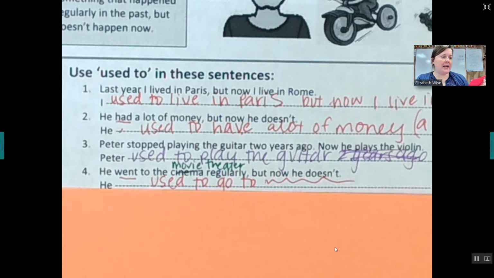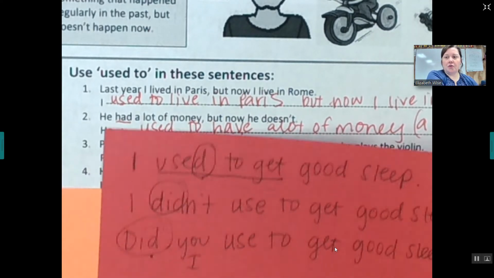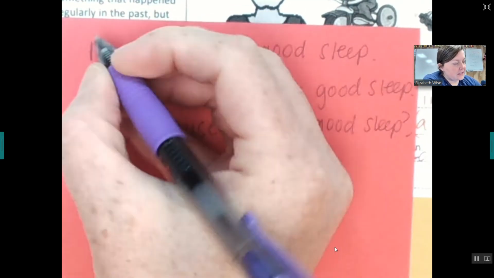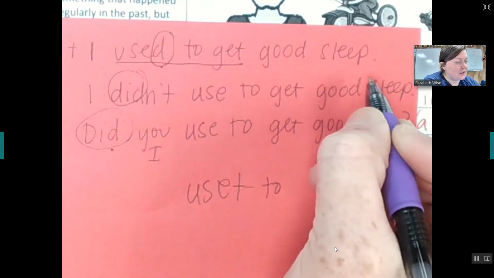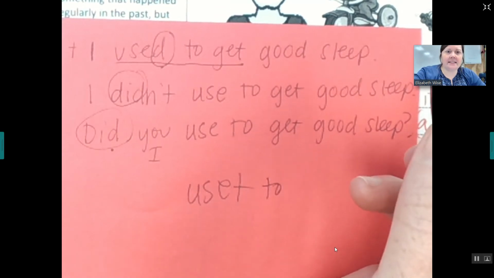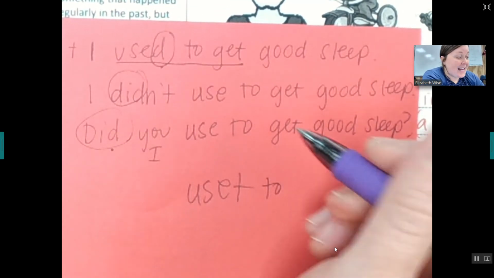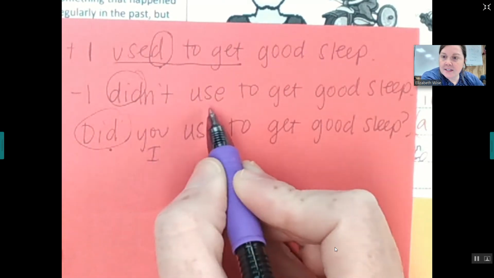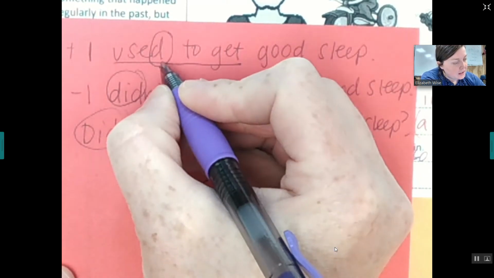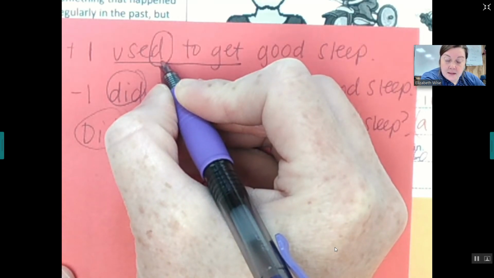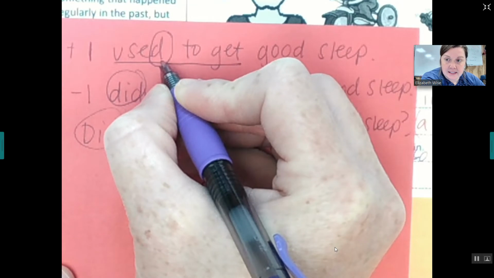Real quickly, I wanted to show you positive, negative, and question. So this is positive, right? I used to get good sleep before I had children, right? The negative, I didn't used to get good sleep. Up here, we need the ED to make it in the past.